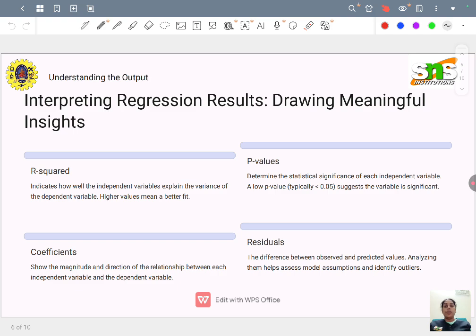Next is the p value, which shows whether a factor is statistically significant. Next one is the coefficient, which indicates how strongly and in what direction a variable influences the outcome. And residuals, the gap between predicted and actual values. It helps us to see whether the model assumptions hold true.